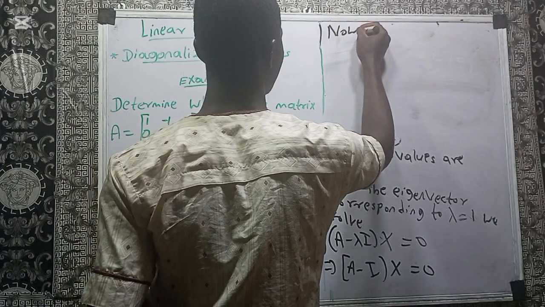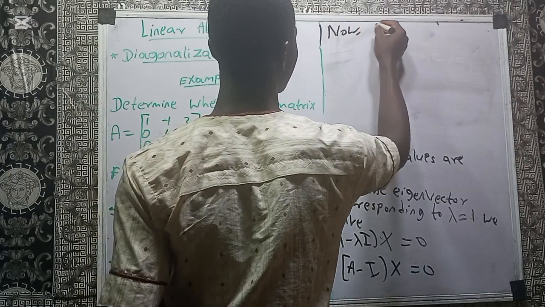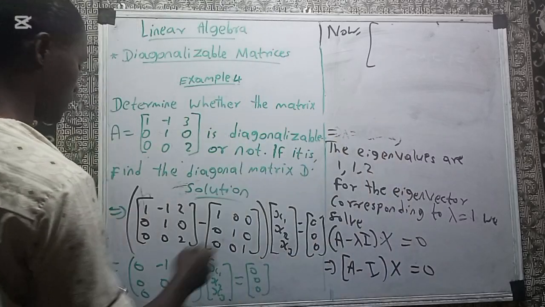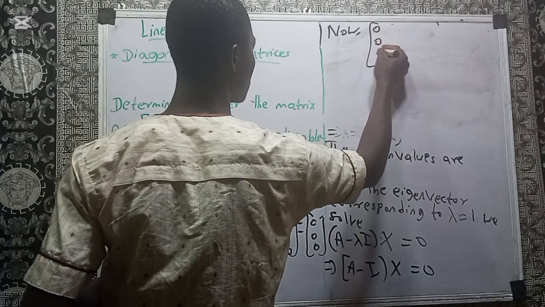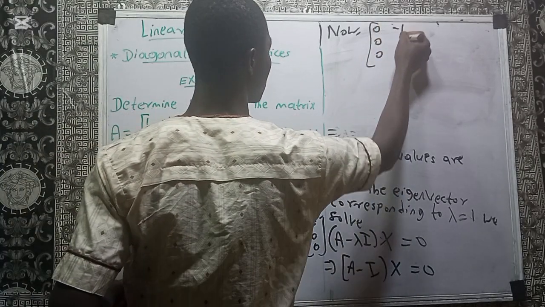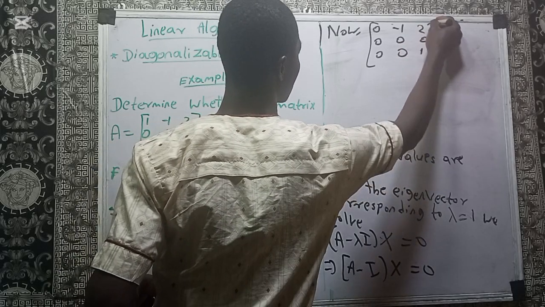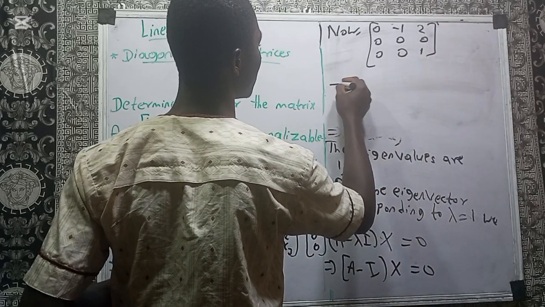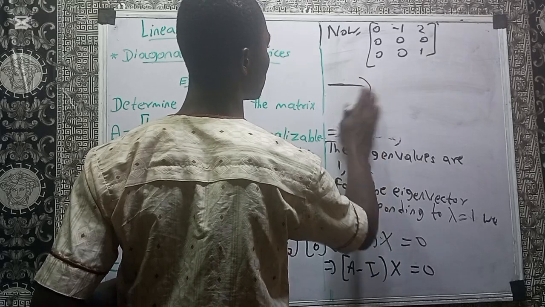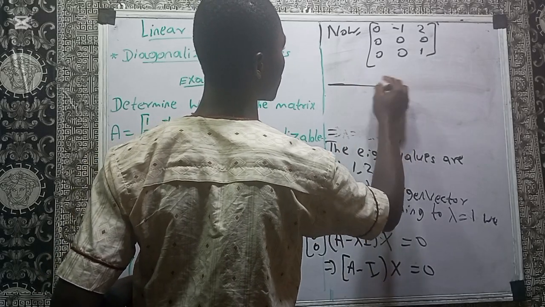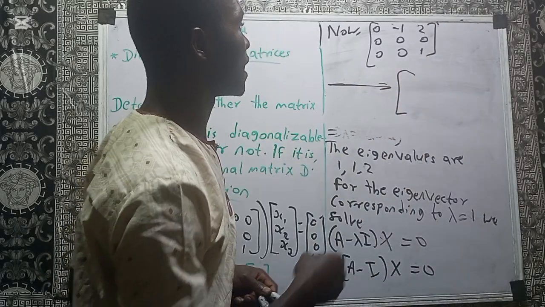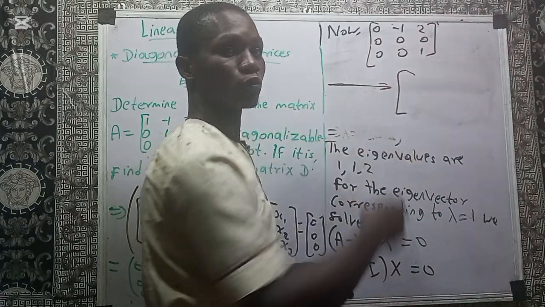So we reduce it by performing a row operation on it. Notice that row 2 has 0 throughout.